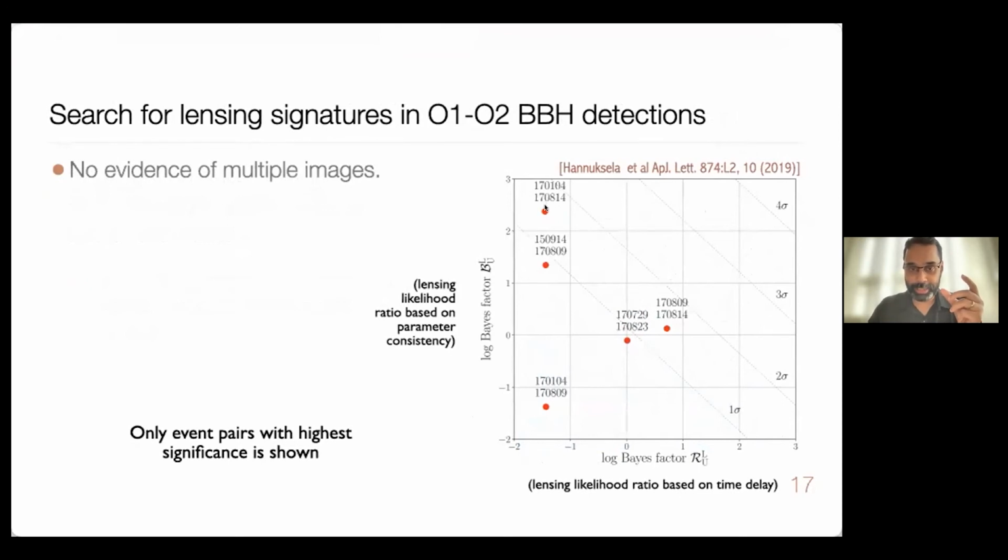These are GW170104, observed on 2017 January 4th, and GW170814, on 2017 August 14. This is the pair that shows the highest evidence of lensing, but even that is much less than 2 sigma. So there is no very strong evidence suggesting that this pair is lensed.